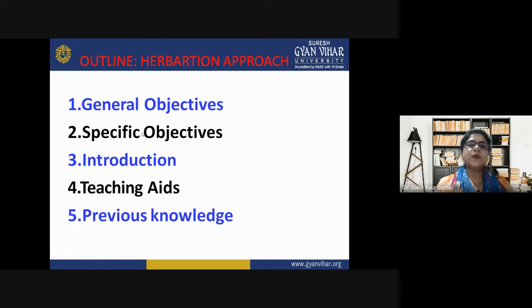So the Herbartian approach is talking about objectives in two terms. First is general, that is related to that particular content you are going to teach, and then the specific objective of that particular content that you are going to teach.